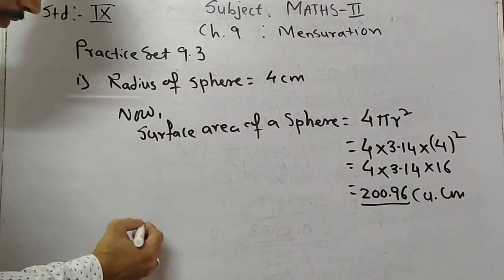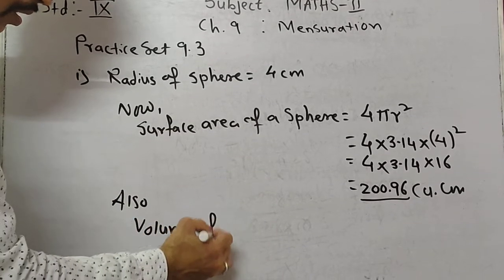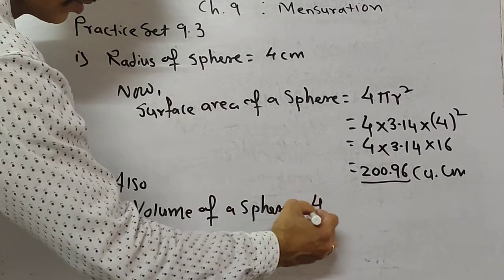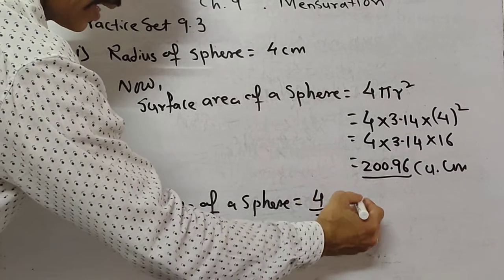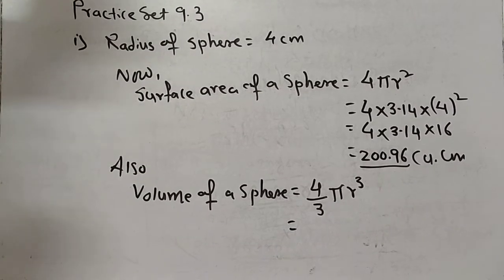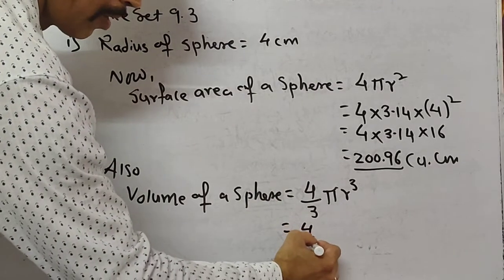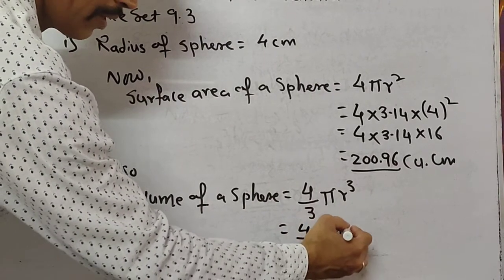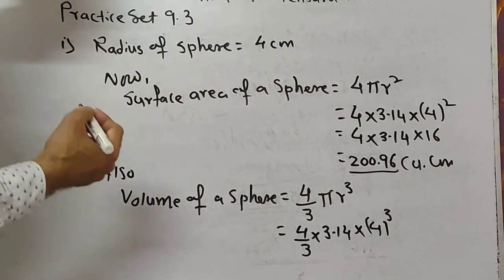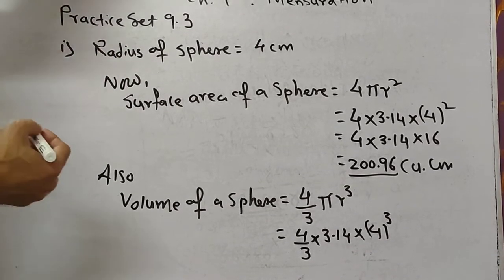Then you want the volume of a sphere. Volume of a sphere formula is, you know, 4/3 pi r cube. Very simple formula, but the calculation you have to do properly. 4/3 pi value, 3.14, r cube means 4 cube. 4 cube means 4 into 4 into 4, 3 times you multiply. 4 cube is 64.